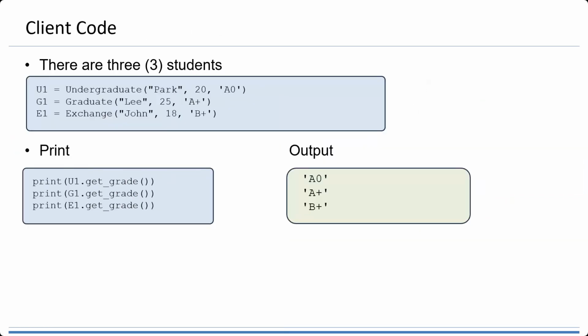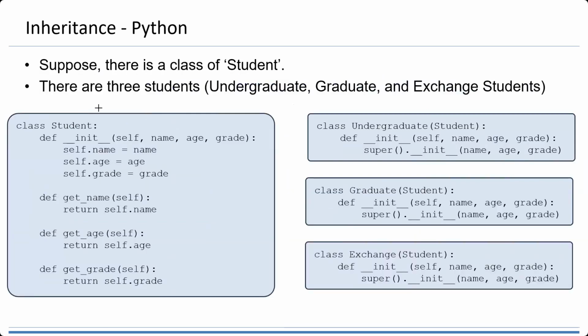So if you look at this one, we call the undergraduate. This is the class of undergraduate. And if you look at the class undergraduate, is there any method get grade? No. The get grade you can see from the class student.